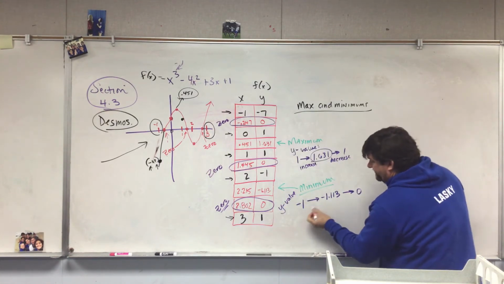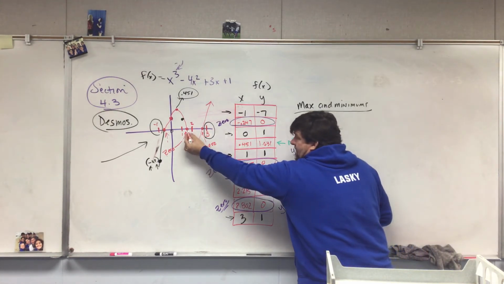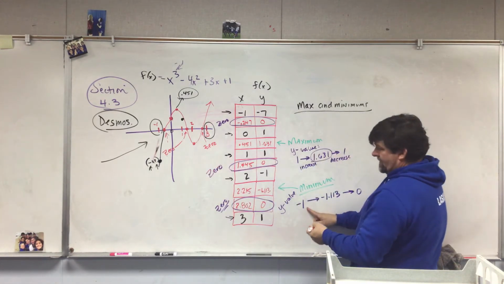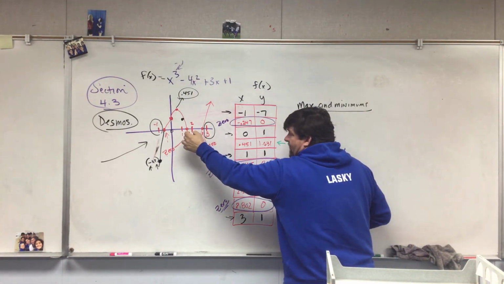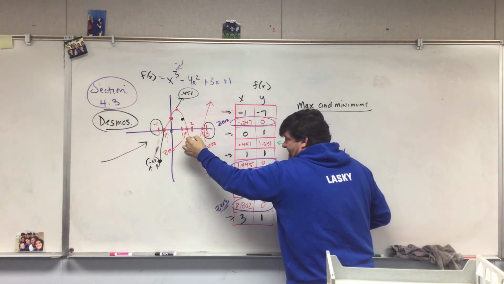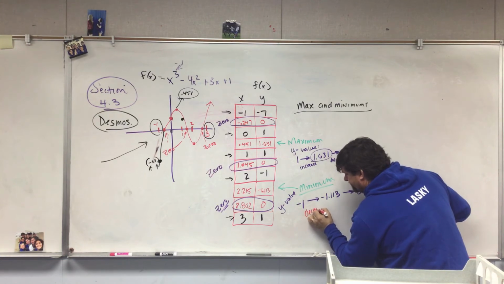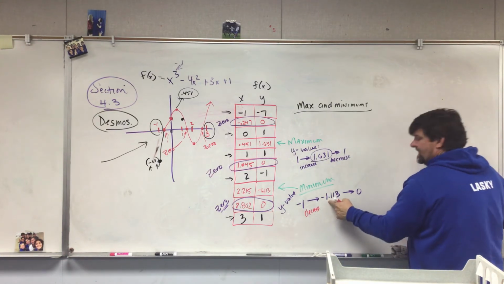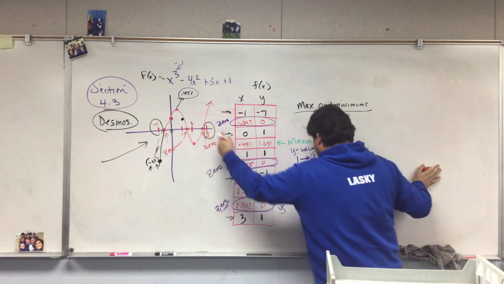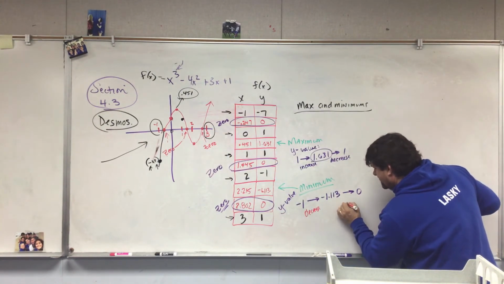If you look at it, follow the graph from -1. My y value is going down. It keeps going down here. My y value is going down, and so it's decreasing. And then from -1.13 up to 0, it is increasing.